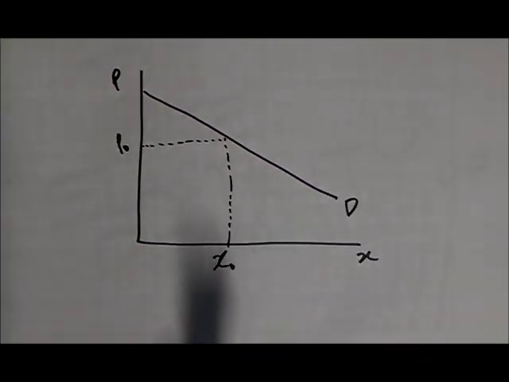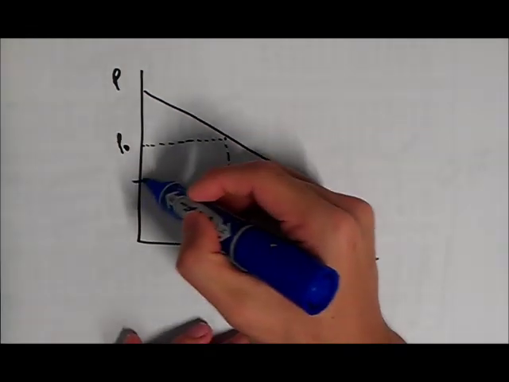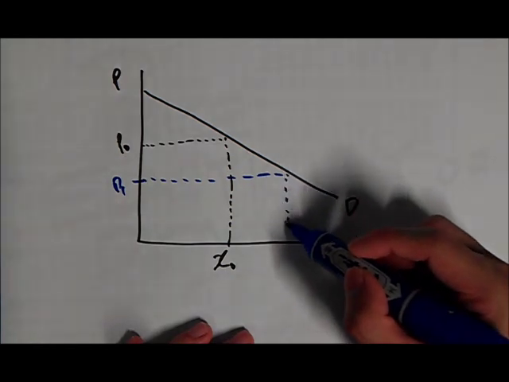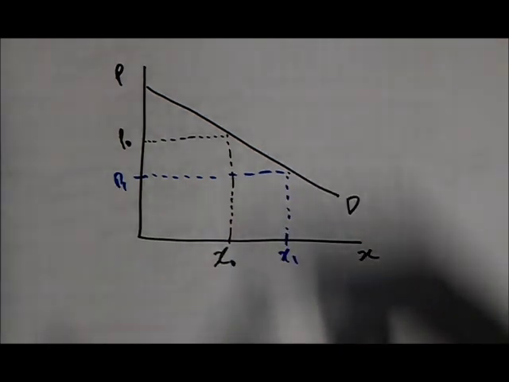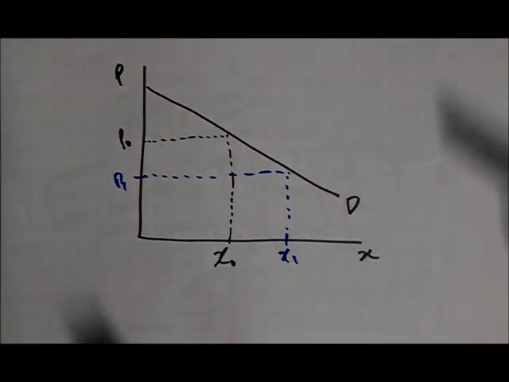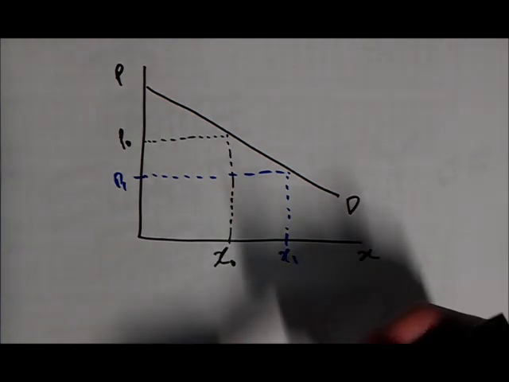Now the price has gone down to P1, and we have a new quantity demanded, which is X1. So we want to know whether the consumer has spent more or less due to the change in price.